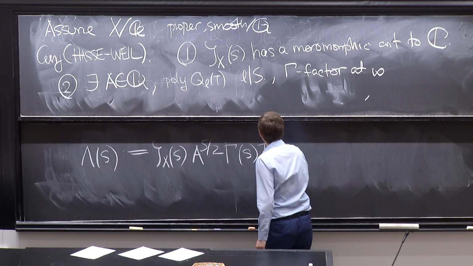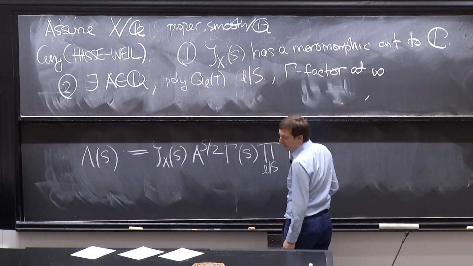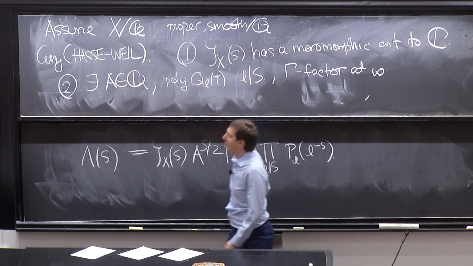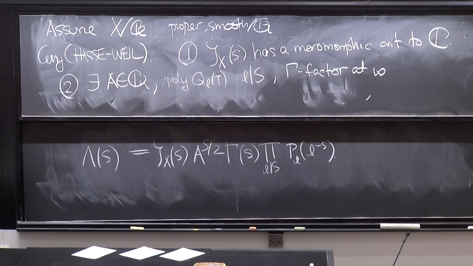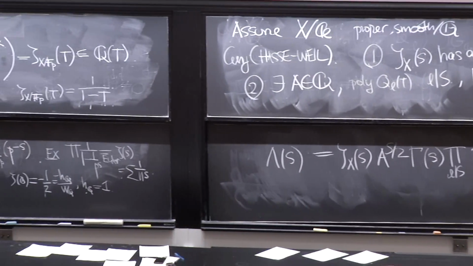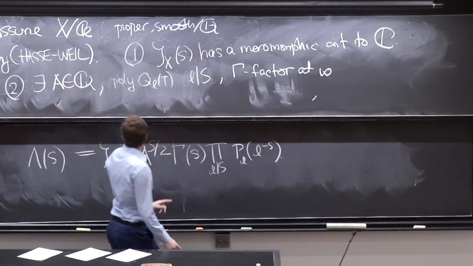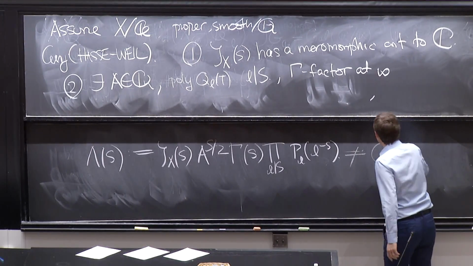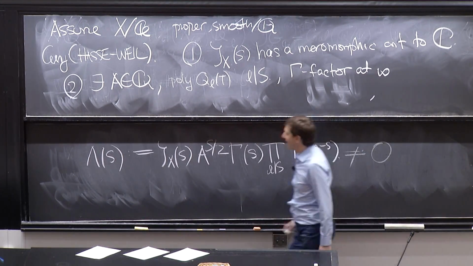And then I can also include these bad primes and put in the correct Euler factors here that maybe were done incorrectly because maybe I was looking, instead of the equation x to the p plus y to the p is z to the p, at 7x to the p plus 7y to the p is 7z to the p, and I'd have the wrong number of solutions mod 7. Okay, so I adjust this, and let me also, to avoid trivialities, assume I didn't choose any of these functions to be 0.